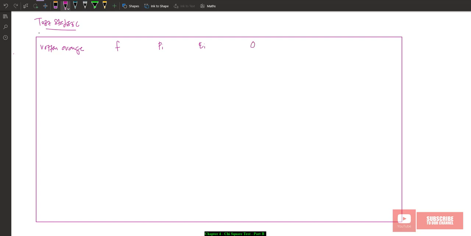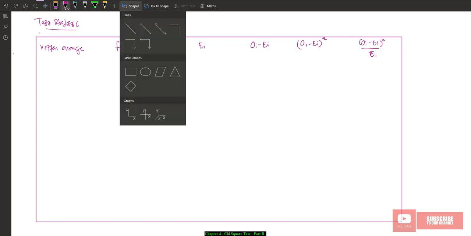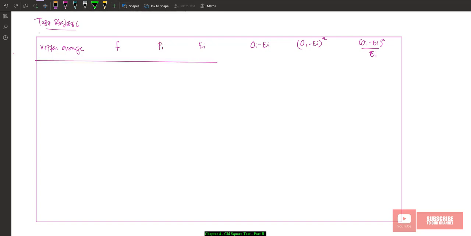Then we calculate observed minus expected frequency, and observed minus expected frequency squared, right? And the last one is our goodness of fit, which is observed minus expected frequency squared, divided by expected frequency. So this is the value that we're going to calculate. Let me draw the line first.